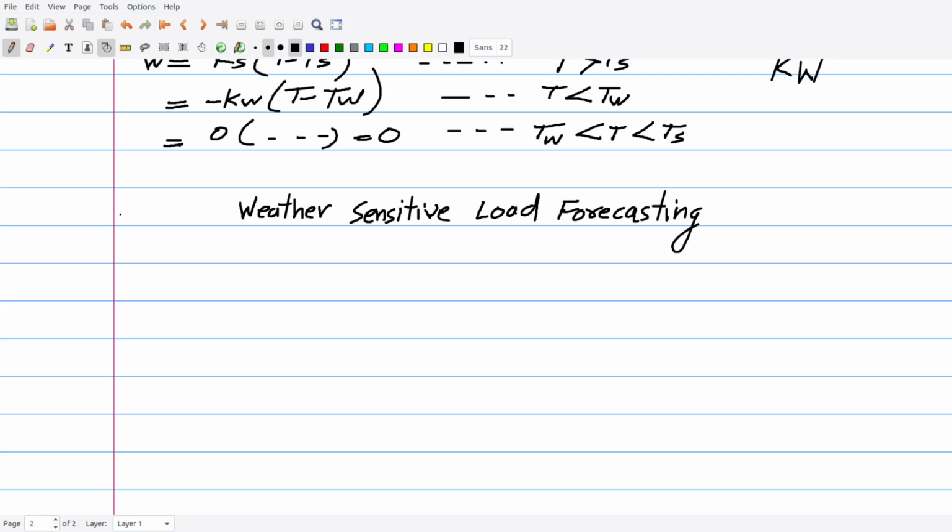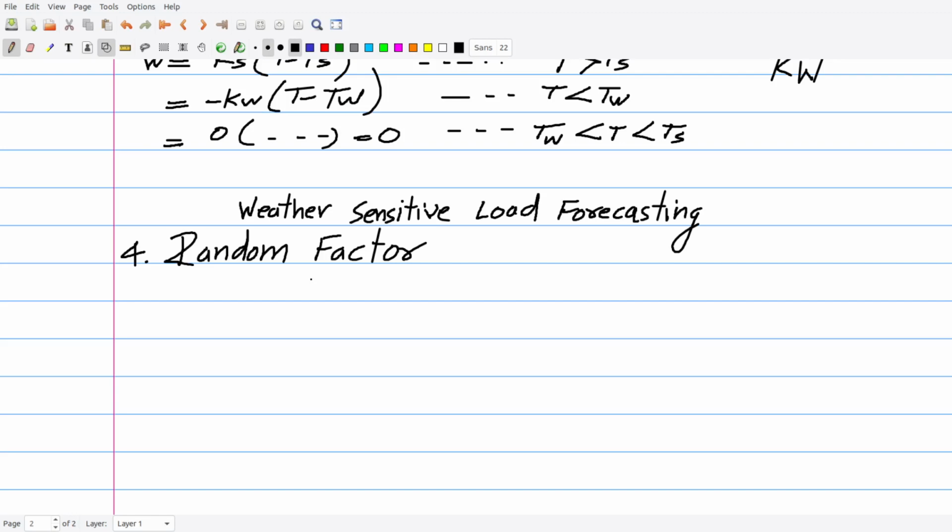Okay, let us go to the fourth factor, which is our random factor. The first three we have seen, this is random. Events which affect the load consumption cause large errors in load forecasting. Like I said, you have a cricket match or a football match or a TV program. All these are not considered.